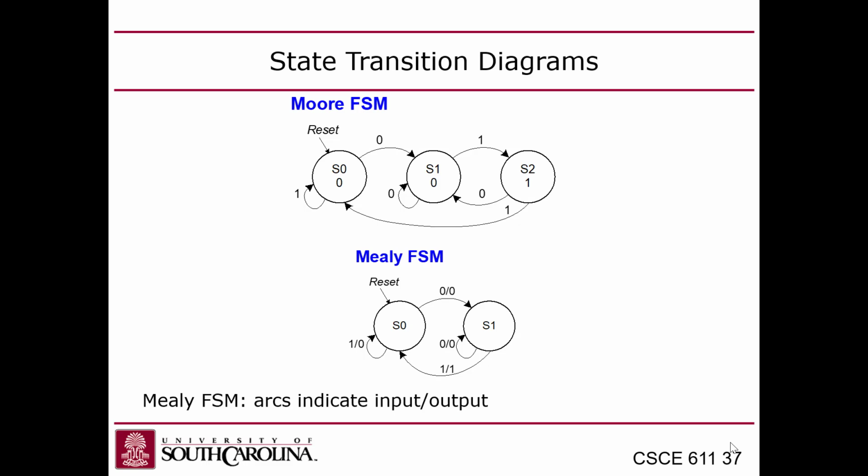I see a 0. Sorry, I won't stay in S0, I'll go to S1, because 0 is the first character of the pattern. I see another 0, I'm going to stay in S1. I got 3 zeros, so I'll stay there for 3 steps. Then if I see a 1, I'll go to S2. If I get another 1, I have to go back to S0.